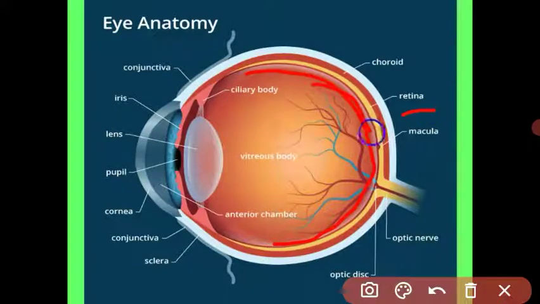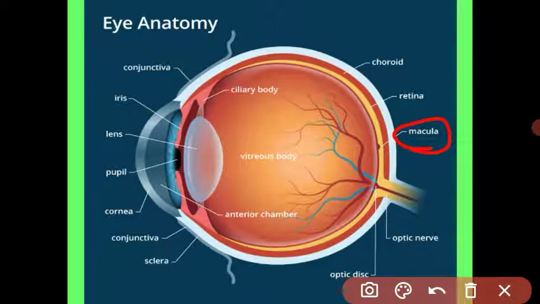It is a very important part of the eye, because why? There are many sensitive cells, cone cells and rod cells. Due to these cells we can see. This spot is called the macula. It is also called the fovea. Your textbook gives both names for it. Got it?